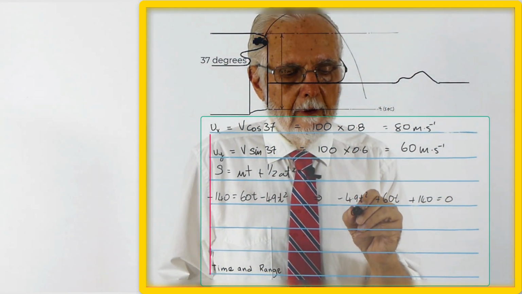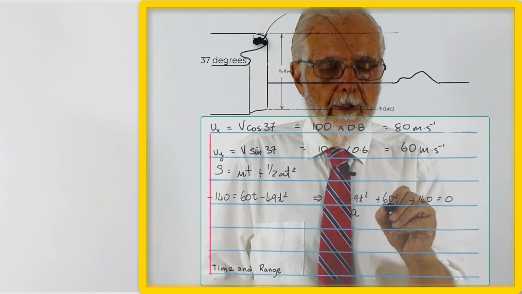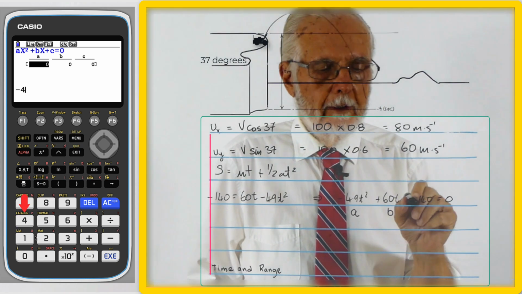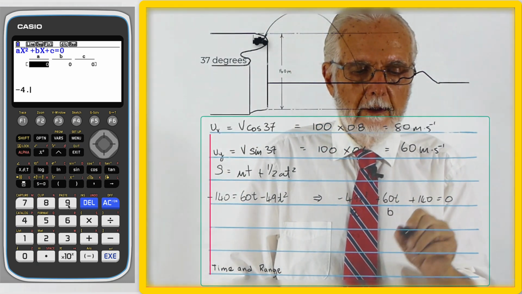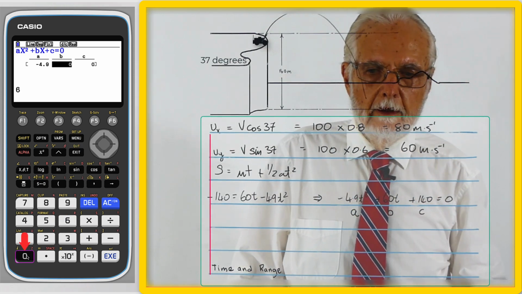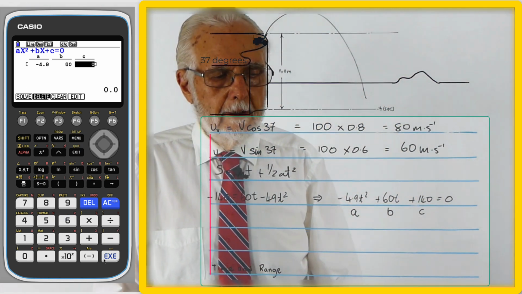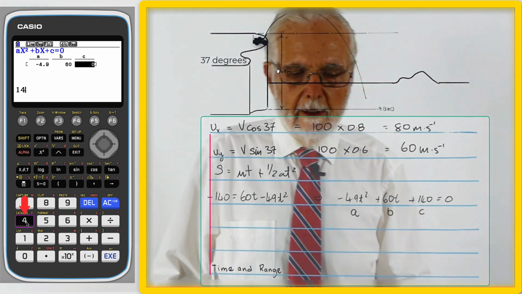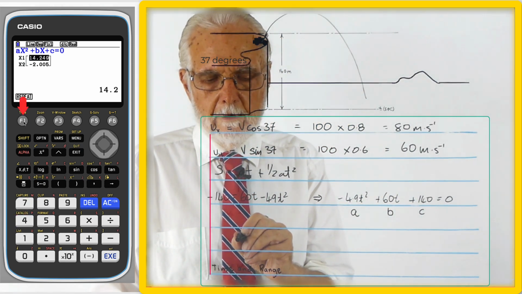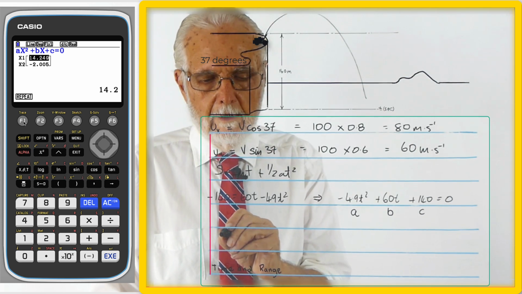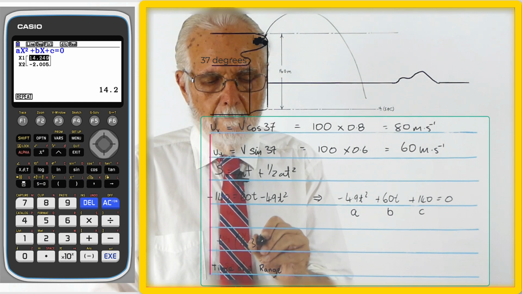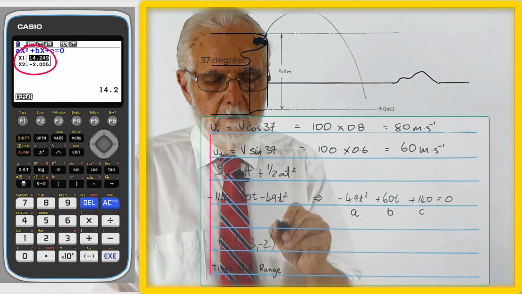A is negative 4.9, B is positive 60, and C is 140. Using our graphics calculator, we can solve the quadratic, and we get 2 times. So t becomes 14.3 seconds, or negative 2, which we'll delete.